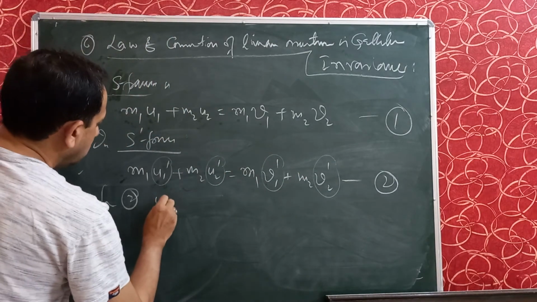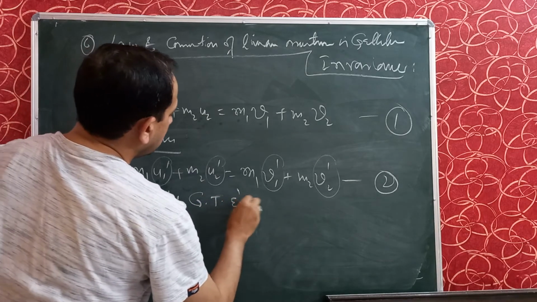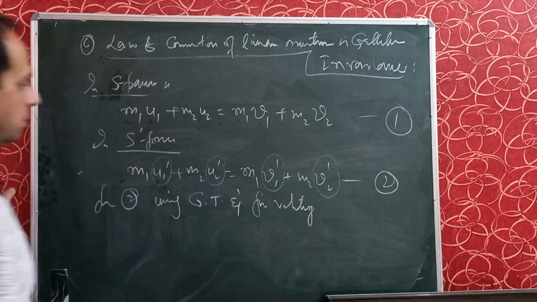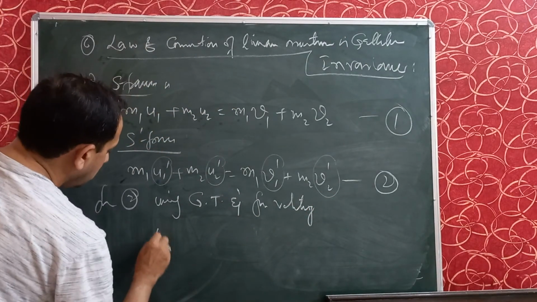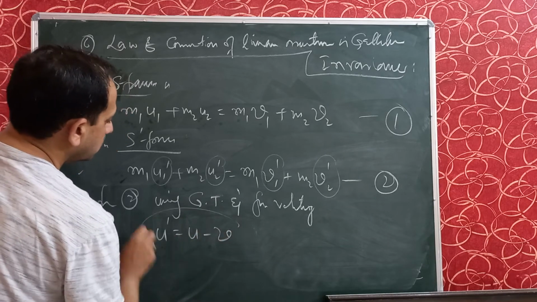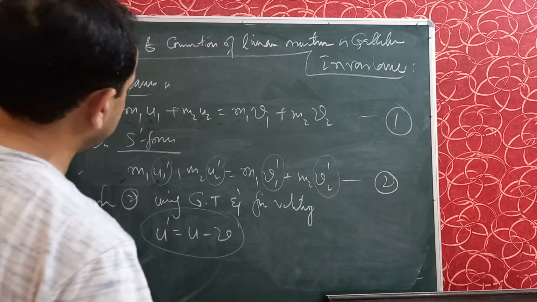So using the Galilean transformation equation for velocity, you know that u dash is equal to u minus v. This is the general equation for velocity transformation.